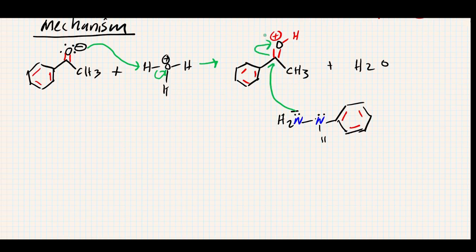This will force the pi bond to break towards the oxygen atom. And so what we are going to have is the combined product of a phenylhydrazine as well as a ketone.